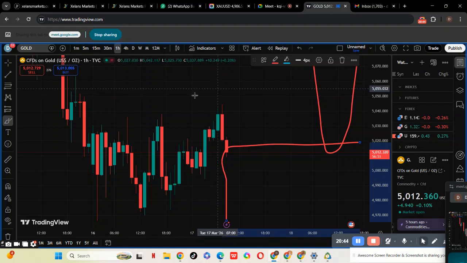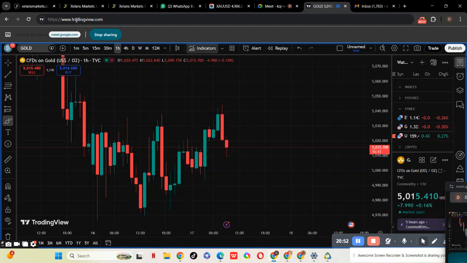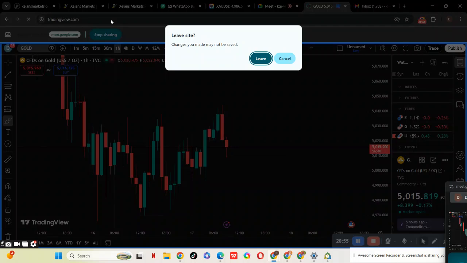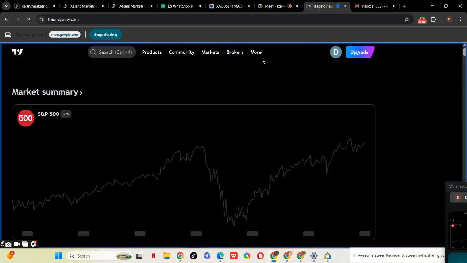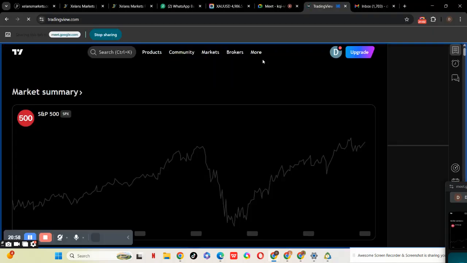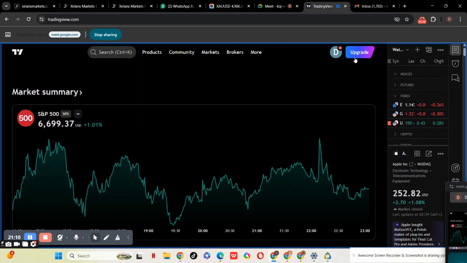Now, on how to set up your MT5, because everyone was asking me in my inbox how to set up MT5, I said visit www.tradingview.com. Let's visit TradingView and see. This is TradingView. Once you open it like that, you'll see a button here telling you to sign up, or a button telling you to get started.